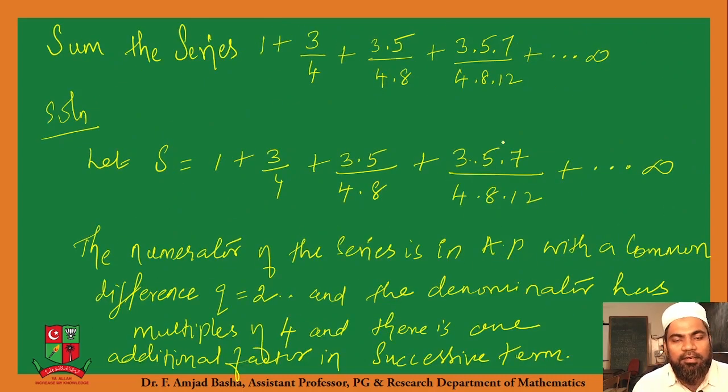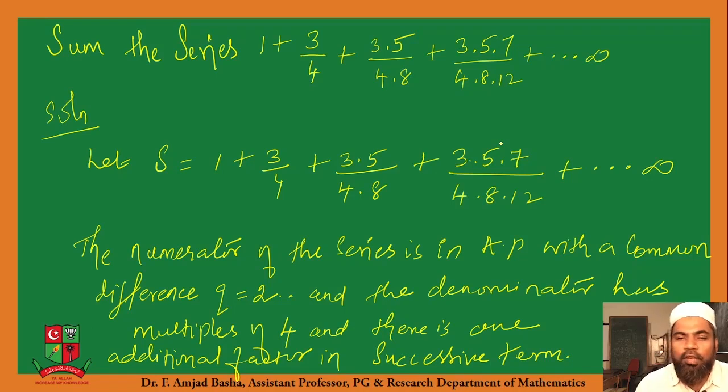On the other hand, suppose 1 plus 3 by 4, the first two terms, are missing. Then you will add 1 plus 3 by 4 on your left as well as on your right. Once you do that, the given series will be in the standard form. Then you will proceed with the corresponding binomial expansion series formula to find its sum.